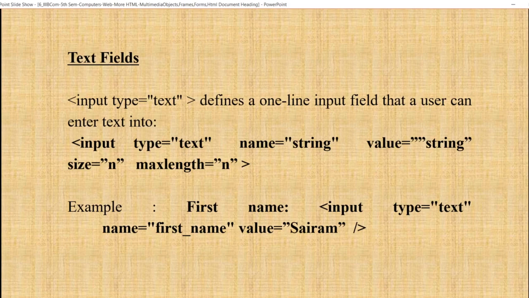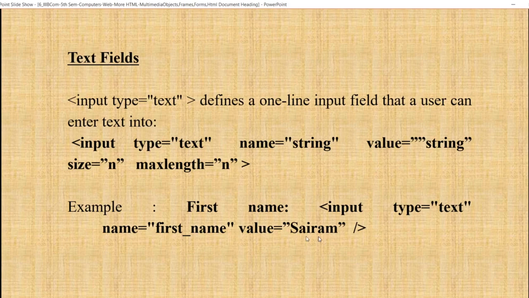Input type equals to text, name equals to string, value equals to string, size equals to n, maxlength equals to n. Here I have taken an example, first name. For that I have taken a text field. So I have to write input type equals to text, name equals to firstname, value equals to Sairam. The text that appears in this text field is Sairam.